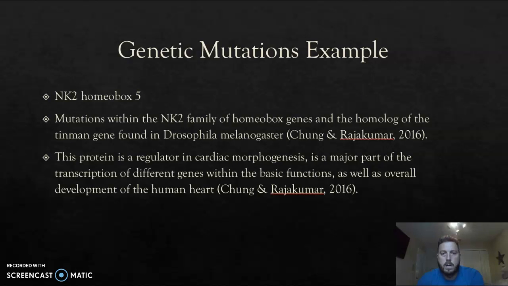The next slide we're going to talk about is genetic mutations. One protein that we talked about is NKX2, and this just helps regulate the heart morphogenesis, and it's the major part of transcription during genetic and basic functions and development of the human heart.